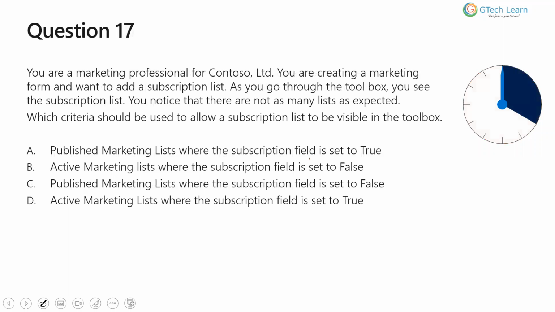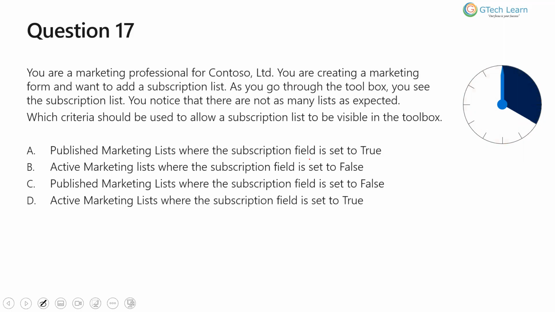The next question we have in line is: you are a marketing professional for Contoso Limited. You are creating a marketing form and want to add a subscription list. As you go through the toolbox, you see the subscription lists. You notice that there are not as many lists as expected. Which criteria should be used to allow a subscription list to be visible in the toolbox?